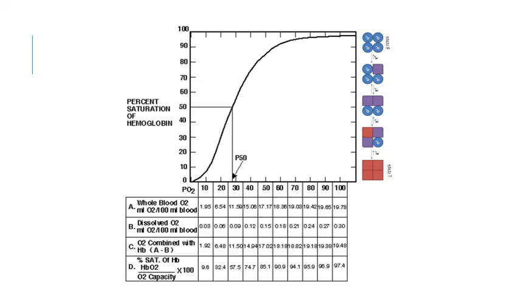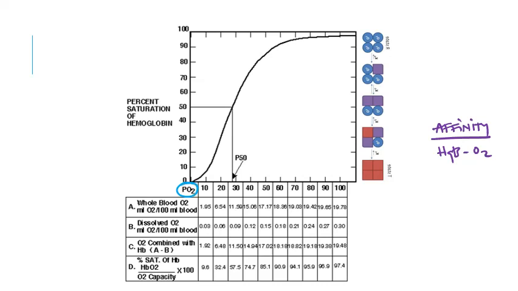The oxygen hemoglobin dissociation curve illustrates hemoglobin's affinity to oxygen. And I'm going to write this out here. So affinity between hemoglobin and oxygen. In other words, the graph shows the relationship that hemoglobin has with oxygen when there are varying amounts of oxygen, or varying partial pressures of oxygen.